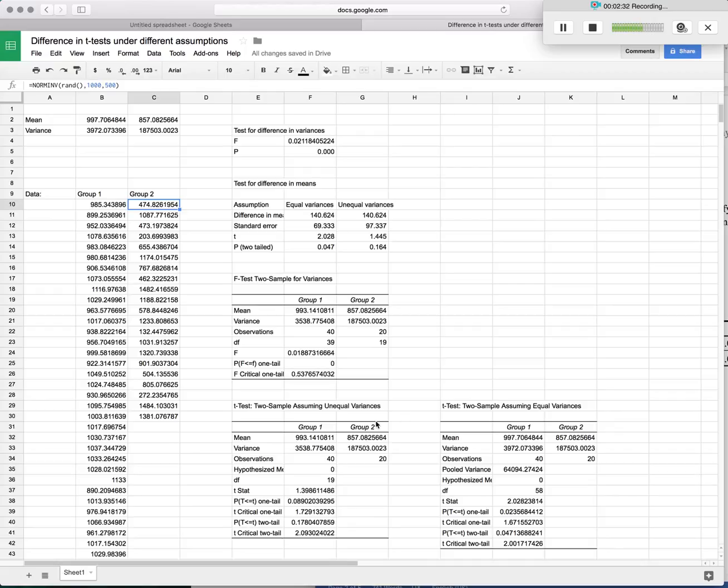As you can see, running the test under the assumption of equal or unequal variances results in the same difference in means. However, standard errors differ substantially, and so do the t-values.